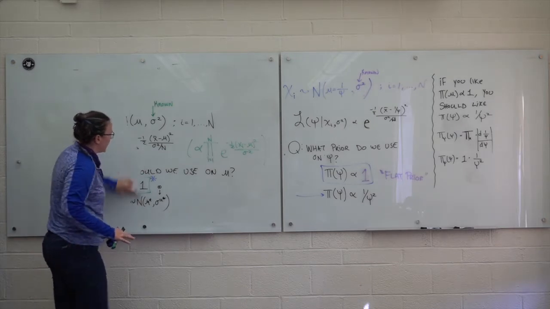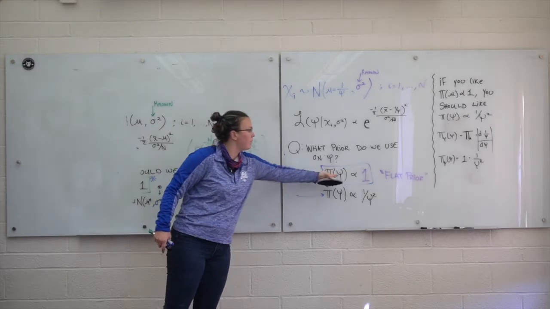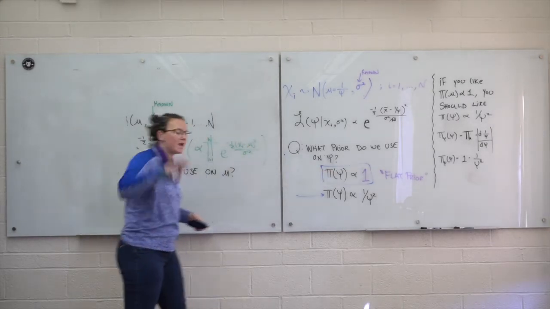So what we were looking at is really two options. We can have the prior on both parameters just be flat, and we're going to make that a rule.